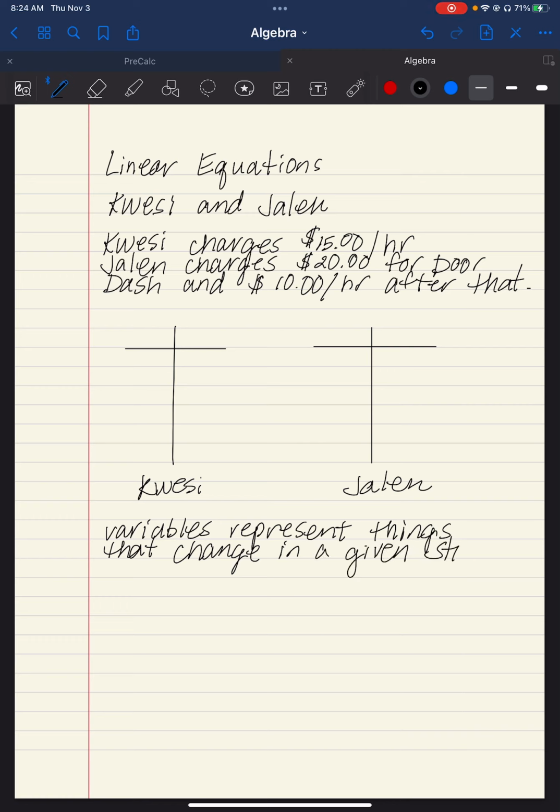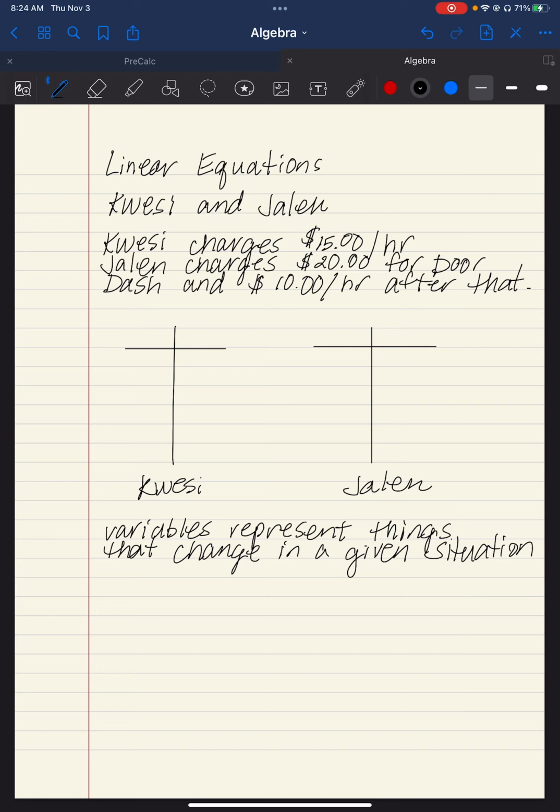What do I mean by that? Well, we're not going to say that the price per hour changes. We're not going to say that the $20 DoorDash changes, but there are certain things that can change. Variables represent things that can vary.